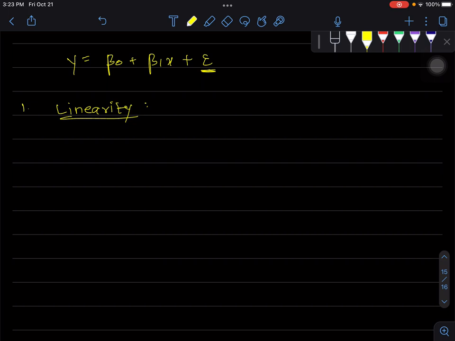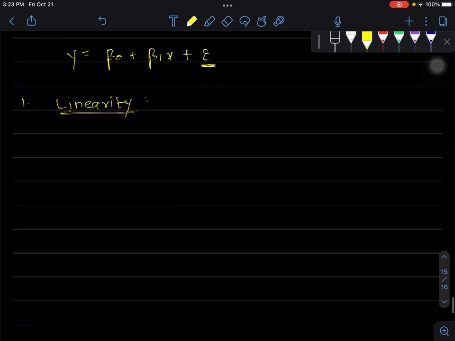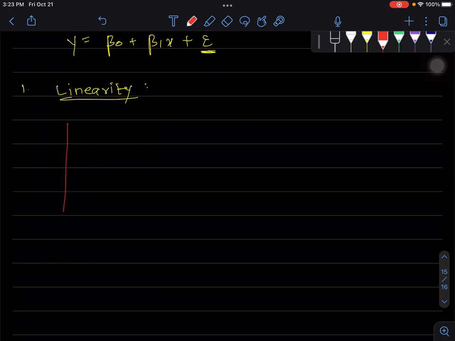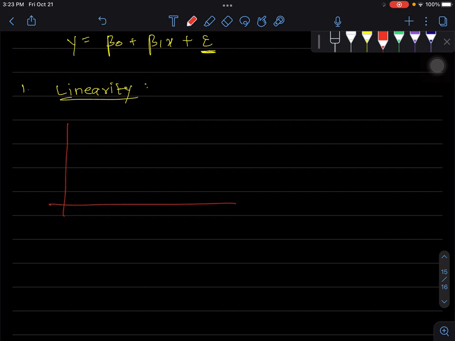If a relationship is non-linear, a straight line cannot fulfill this requirement. So if the data points are something like this, or even a little bit top, then we can make a straight line through this.